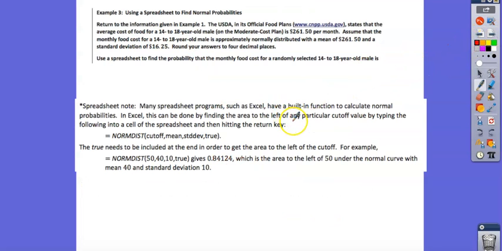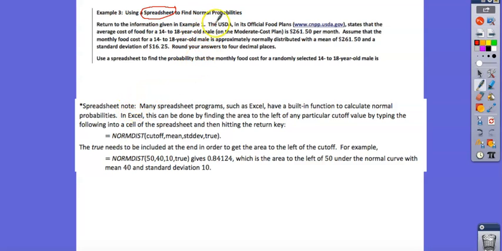Okay, let's look at example 3. In example 3, they want you to use a spreadsheet to find the normal probabilities, and I am not sure that you guys have access to Microsoft Excel. So I'm going to walk through this for you, and I'm going to tell you about what the function is in the spreadsheet.